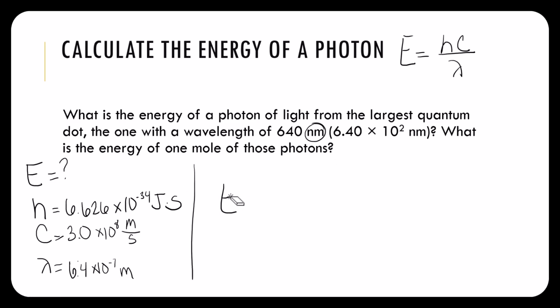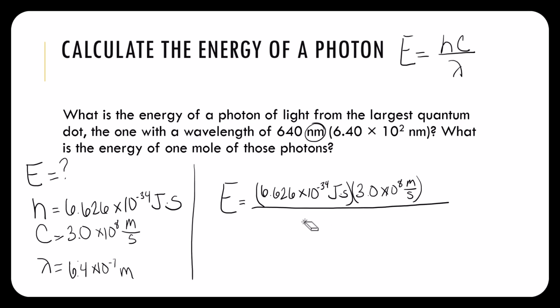So I have energy equals Planck's constant, 6.626 times 10 to the negative 34th joules times seconds, multiplied by the speed of light, which is 3.0 times 10 to the 8th meters per second, and all of that divided by our wavelength, which is 6.4 times 10 to the negative 7th meters.